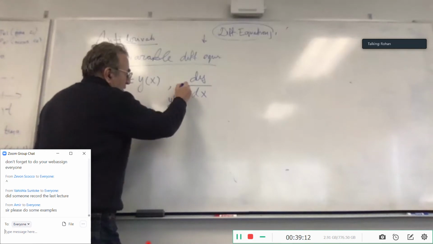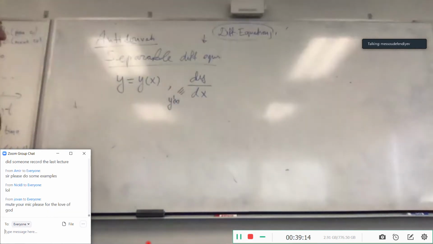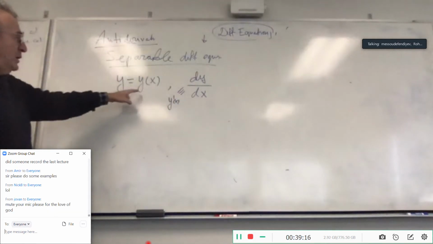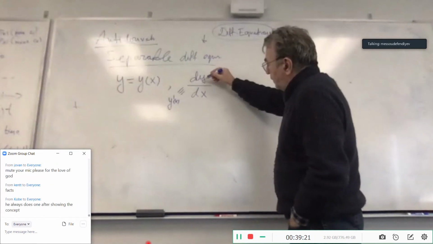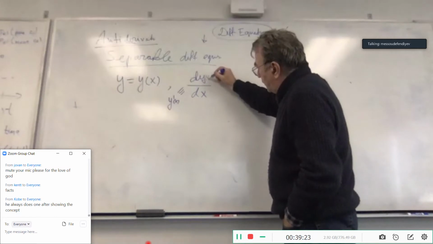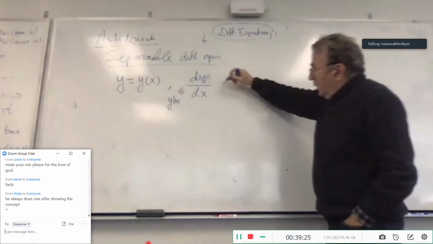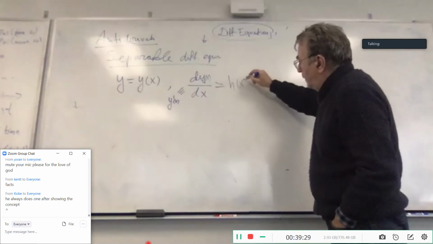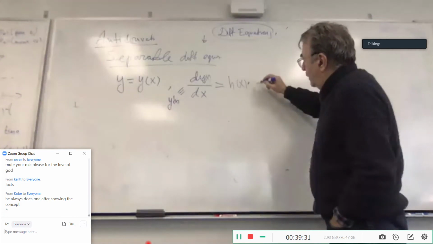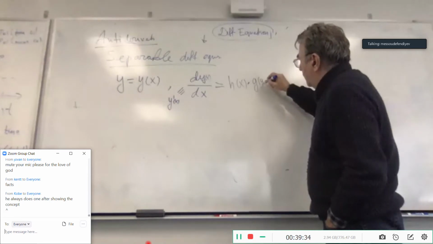So this is the same. So we are looking for the function y of x, which satisfies y prime of x equal to, say, h of x times j of y.